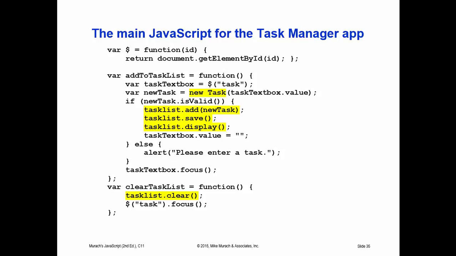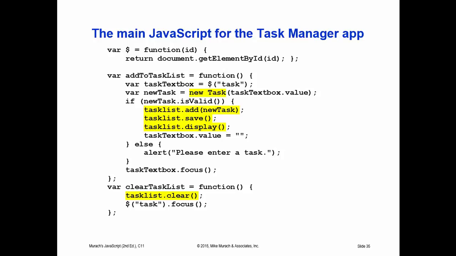The first 2 functions are attached to click events for the add task button and the clear task button. The delete from task list function is passed to the task list object in its delete click handler property. This is the function that's attached to the click events for those delete hyperlinks that you saw for each of the tasks.